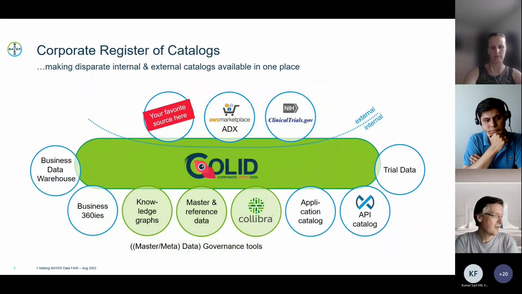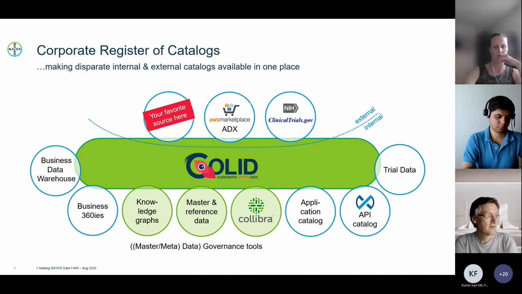Naturally, when I show this internally, there are tools that people recognize because they use them every day. So we have an API catalog. We have a catalog with trial data, and we have applications in a huge catalog where you have to register all the about 8,000 applications that we use internally. We have data governance tools. We have tools where we keep master data and reference data, and so on and so forth.